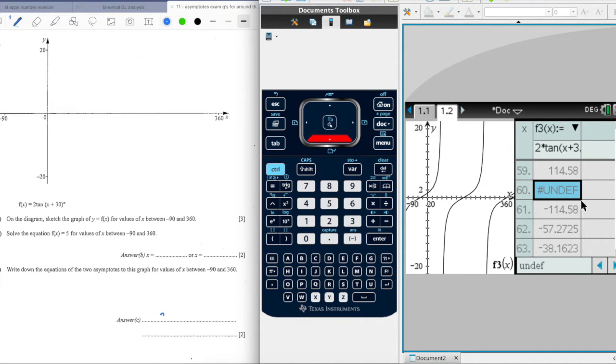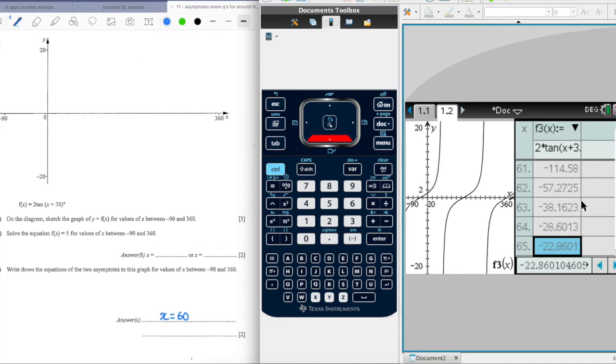And part C asks us to find the two asymptotes of the graph. So we know that one of them is x is equal to 60, so we can already fill that one in. And the second one, now we know that tan graphs usually oscillate every 180 degrees. So the chances are it's going to be 180 plus 60, but we're checking through all of them just to be on the safe side.